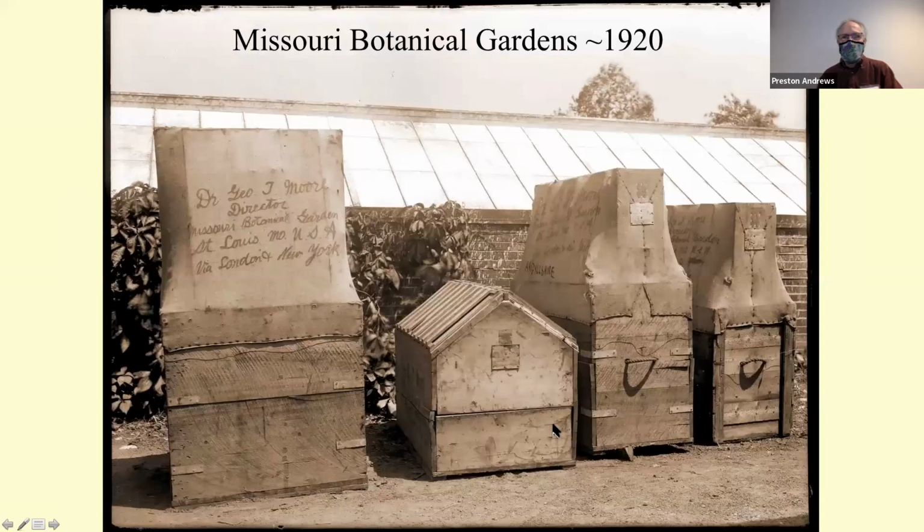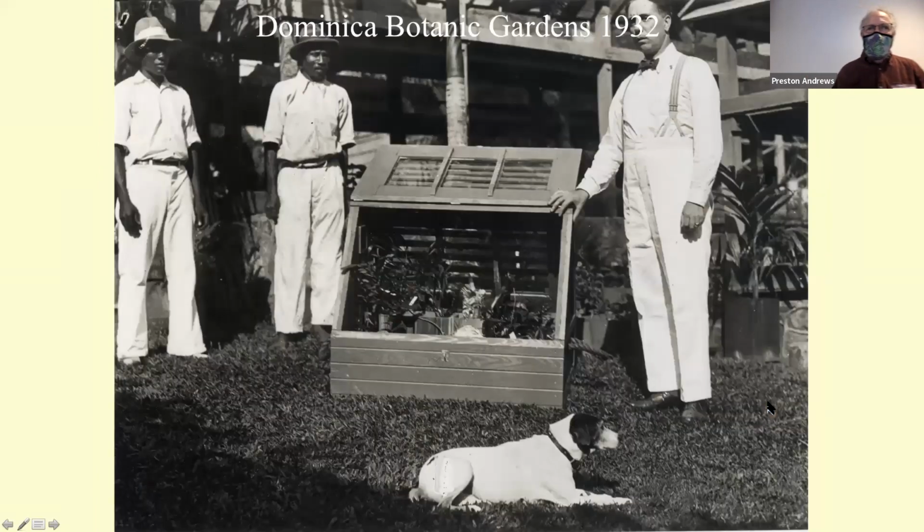Here's the Missouri Botanical Gardens, packing cycads in 1920, and you can see one here that is not tarped, but these have tarps on them. I imagine it might have been from cold weather, and they were just protecting them until they got them into the greenhouse. Here is the Dominica Botanic Garden in the Caribbean. It was a US colony at the time, with more Wardian cases.